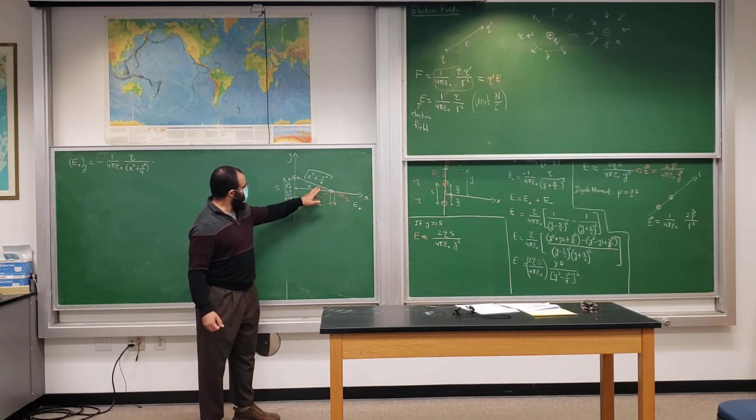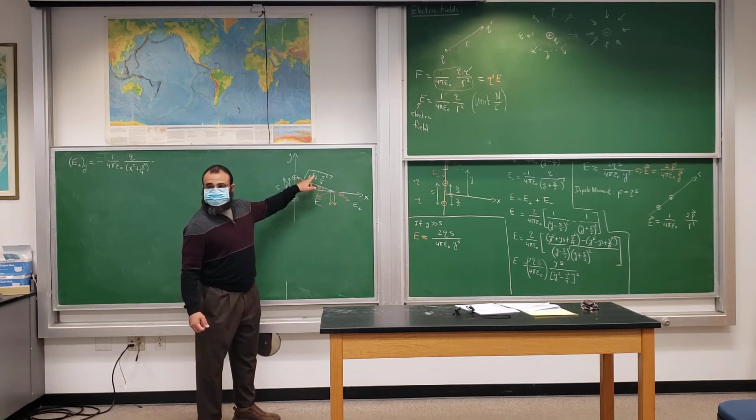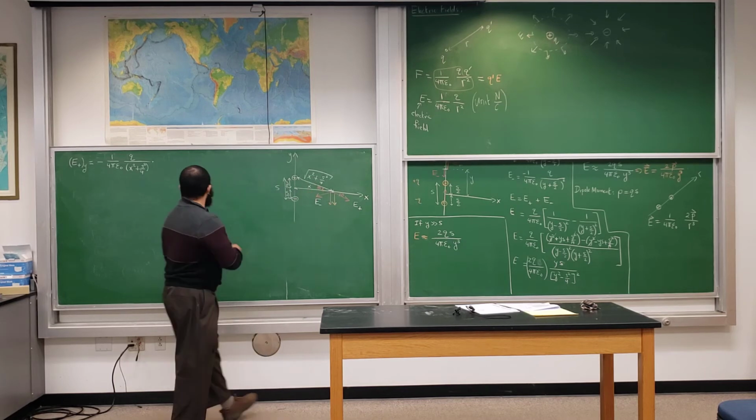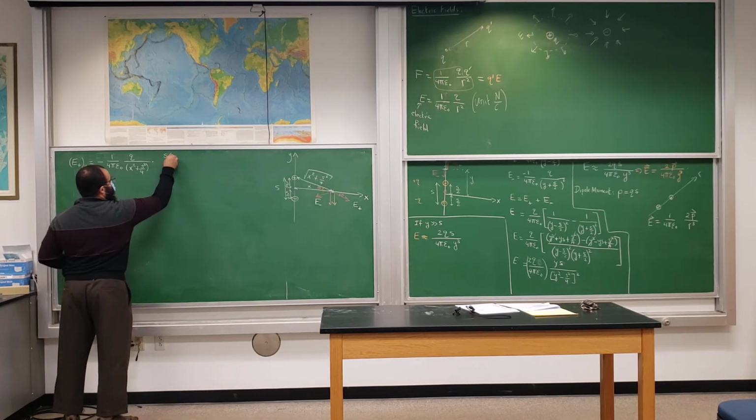It's opposite over hypotenuse, so s over 2 divided by x squared plus s squared over 4 to the power 1/2.